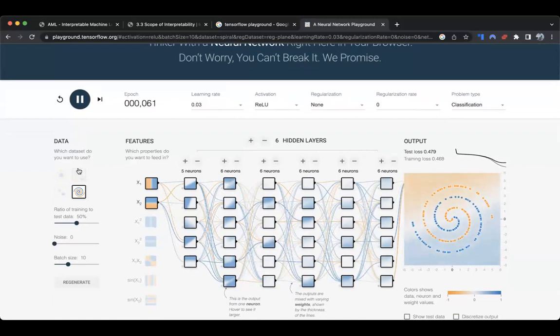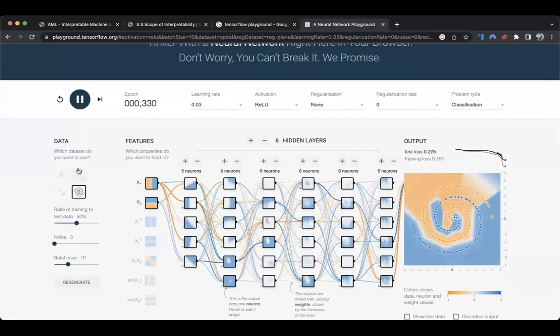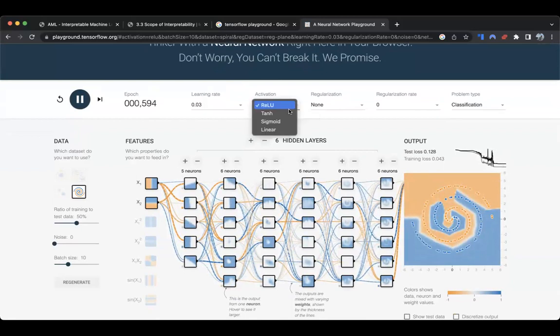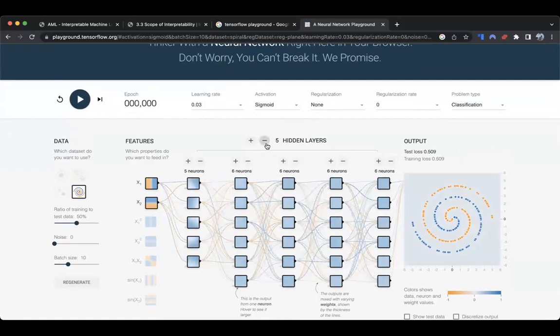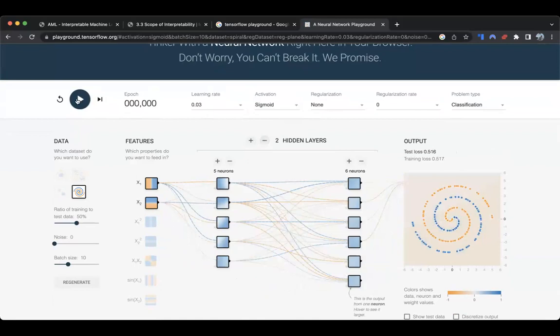So here you will see that it trains pretty quickly and it is able to find a better solution really fast. So you see, it's doing its best, it will find it pretty quickly. For this data set, ReLU is definitely not the best activation function. Maybe we could have used something like sigmoid. Let's see sigmoid. Maybe it's a bit better. It's a big model though. Let me just try it like this. This should train fast.